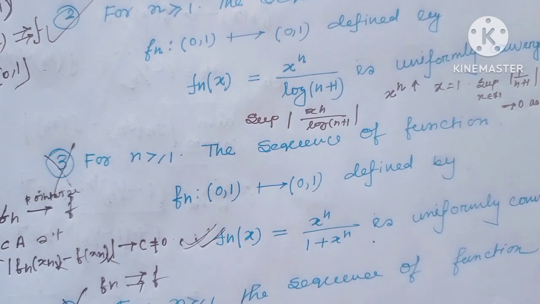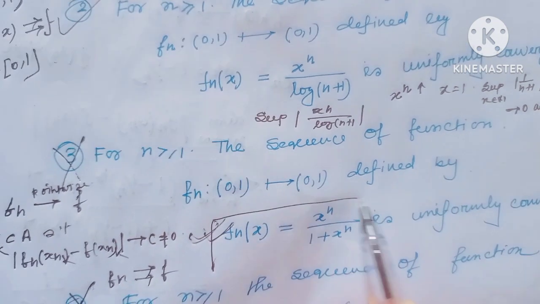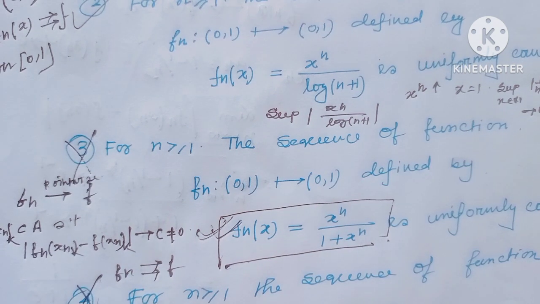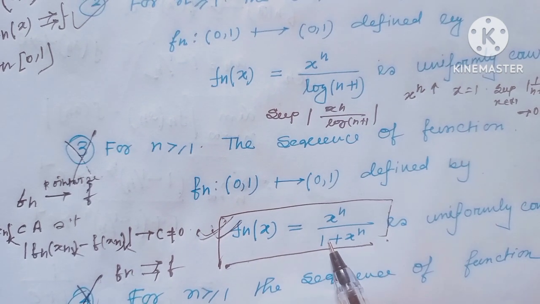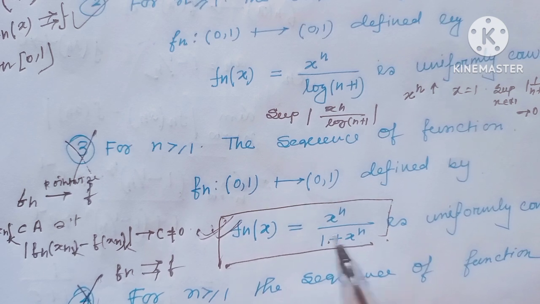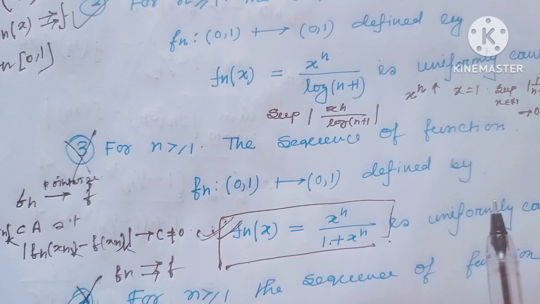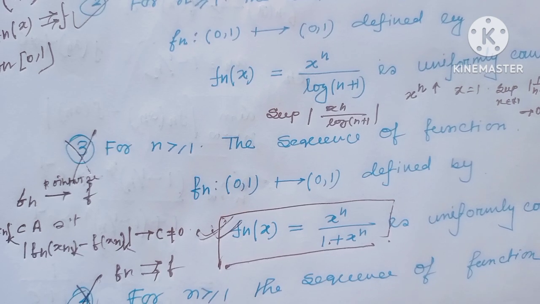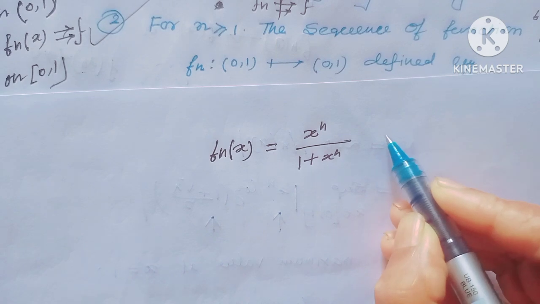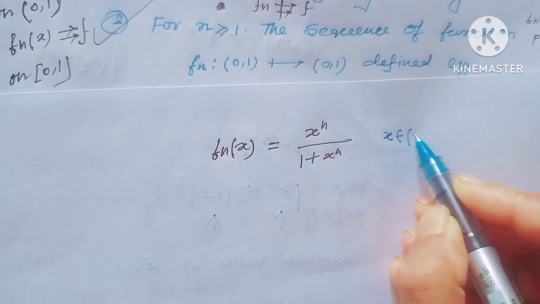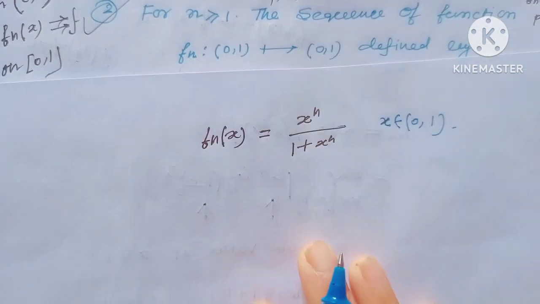For this sequence of functions, I will use another method. Here I have used the subsequence test, but I will now use another method. The function is f_n(x) = x^n over (1 + x^n), x belongs to the open interval (0, 1).